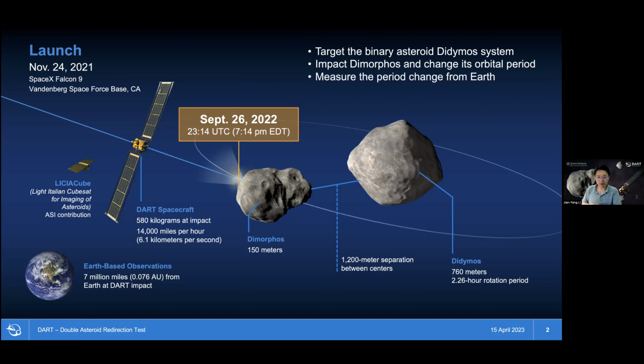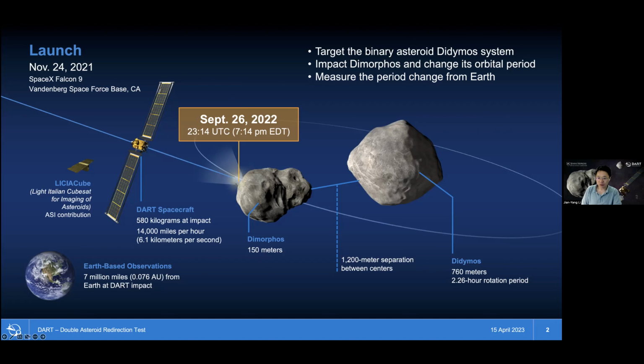Then it slowed down a little bit, diverted its trajectory a little bit, then flew by the system to look at the ejecta from very close distance. In the meantime, there are a lot of telescopes on the Earth and also in near-Earth space that are looking at the system, looking at the impact ejecta. So that is the basic one-slide summary of the DART mission.